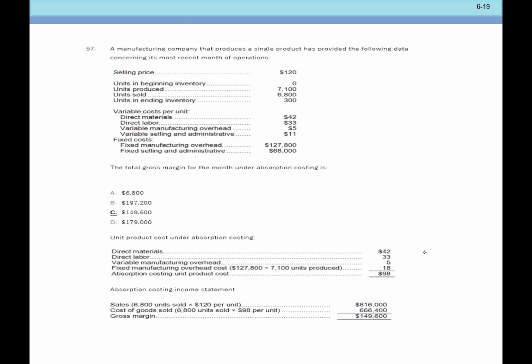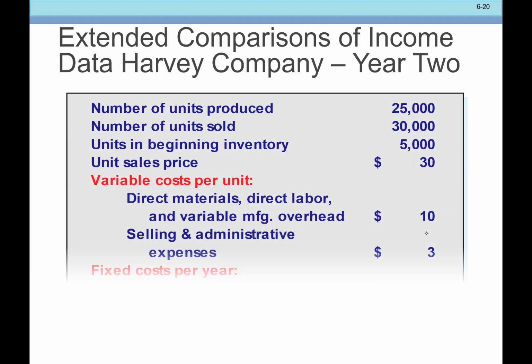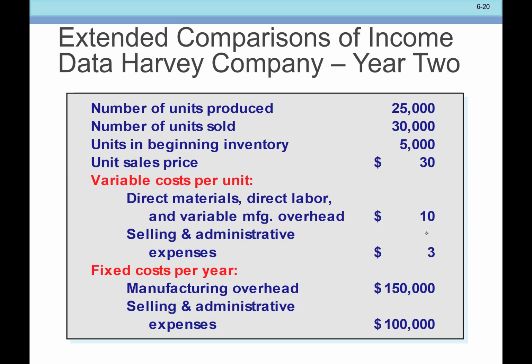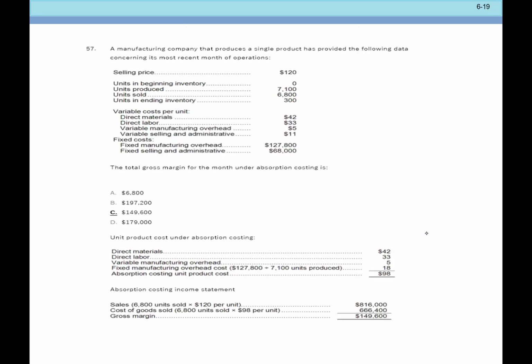Come on, what is all this? Okay, so that is absorption. If we're doing variable and trying to come up with the product cost, what is this? This thing is going to mess with me now.